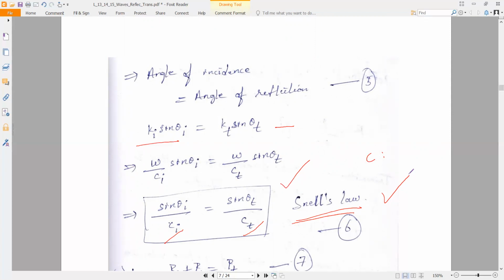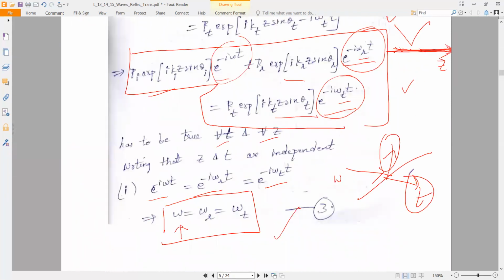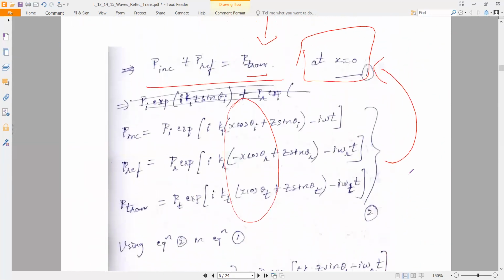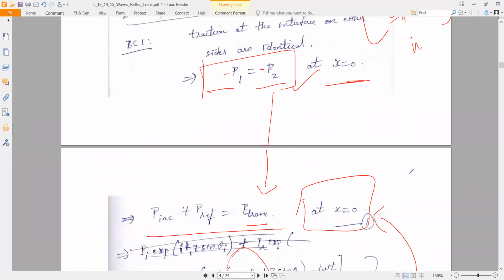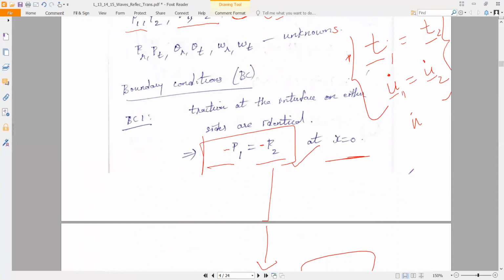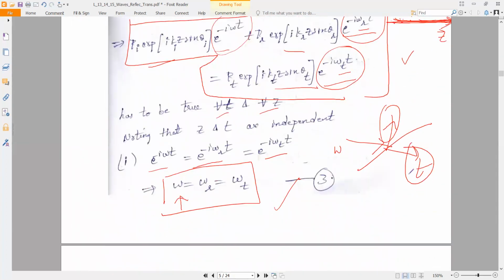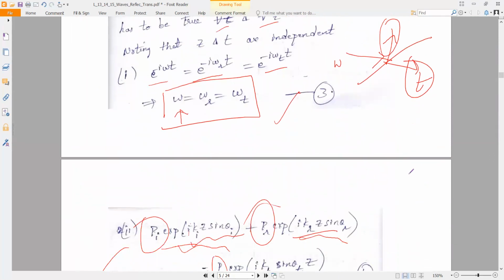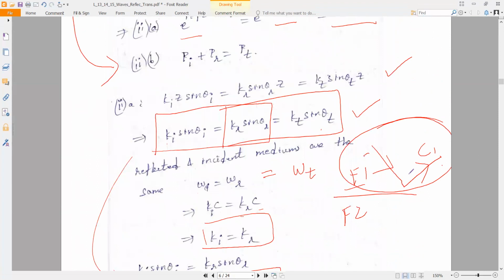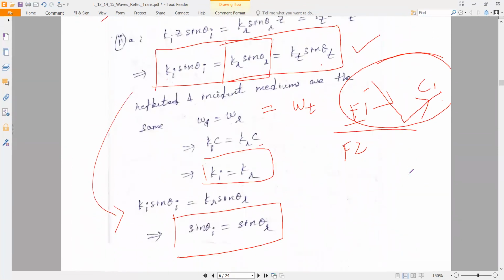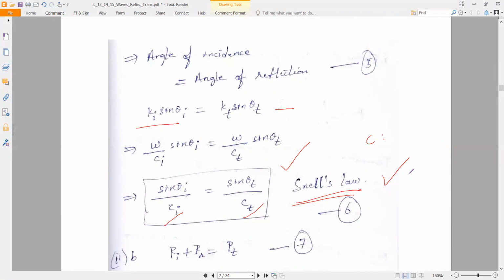Just by using one expression, the total pressure being equal, the boundary condition on the pressures being equal, how did we get this? We simply said the traction to be the same on either side. Just using this one expression, we are able to say that the frequencies do not change, that the angle of incidence is angle of reflection, and the last thing is Snell's law.